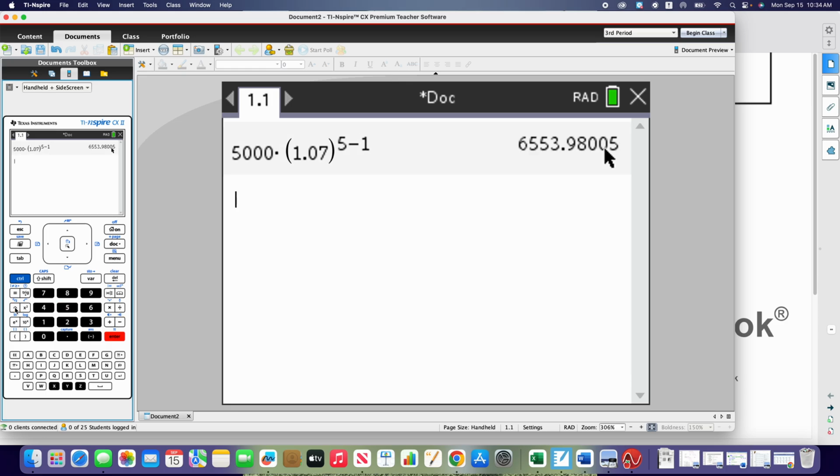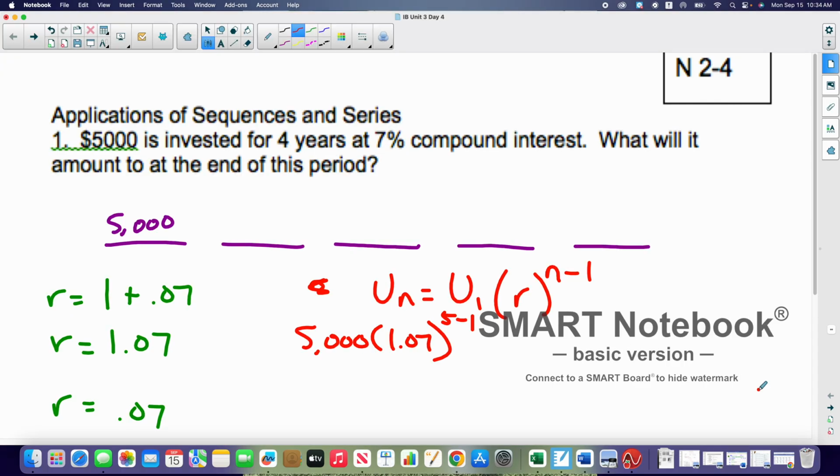I don't care. So the number that I would have at the end of 4 years is 6,553 and 98 cents. Okay? 6,553 and 98 cents is what goes there. Everybody okay on that one?